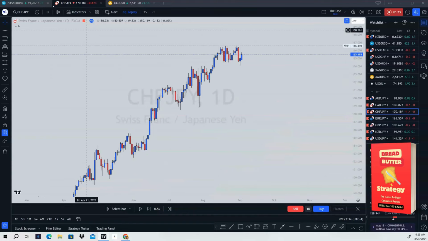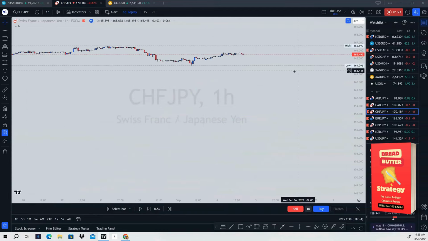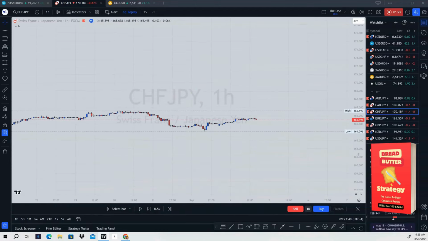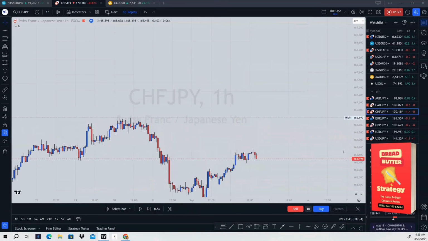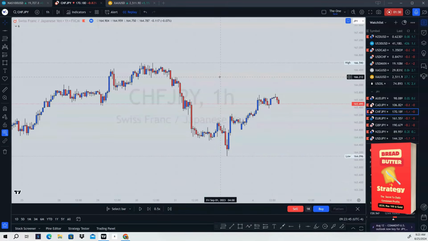Let's go to the 1 hour time frame, because this strategy is based on the 1 hour time frame. I'm going to explain to you everything. So here's a 1 hour time frame, and what we're looking for on a 1 hour time frame is a high probability spike.